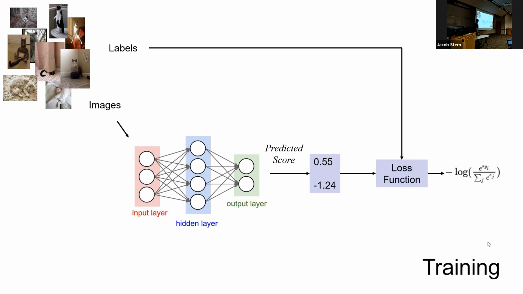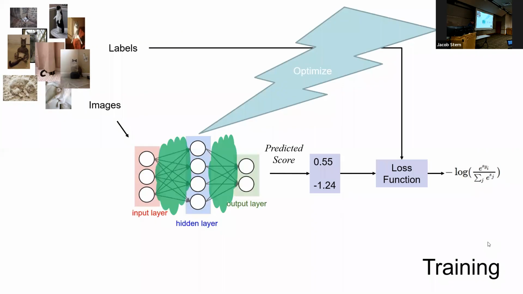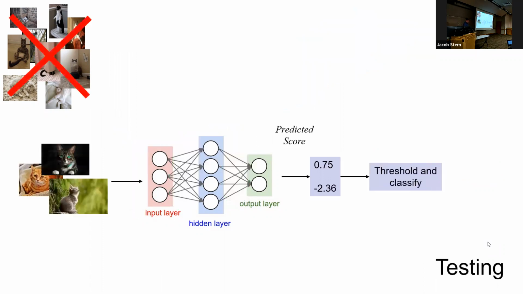We then take the predicted score and the true label, pass them into our loss function, and get the negative log likelihood of the true class. We then optimize the weights of our neural network by using gradient descent. And then we now have a trained neural network.